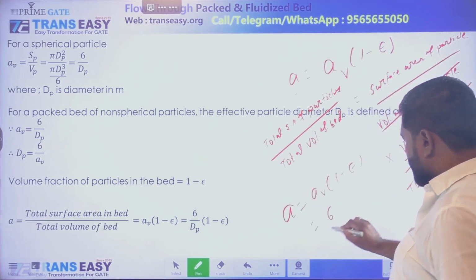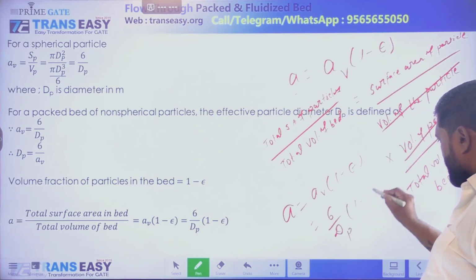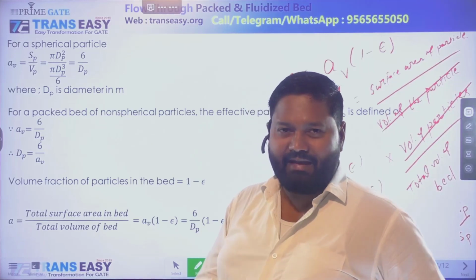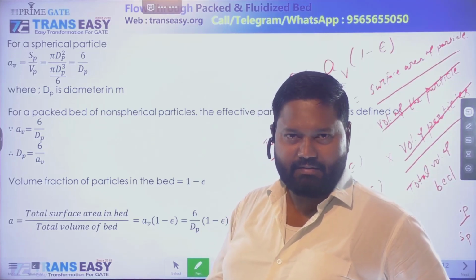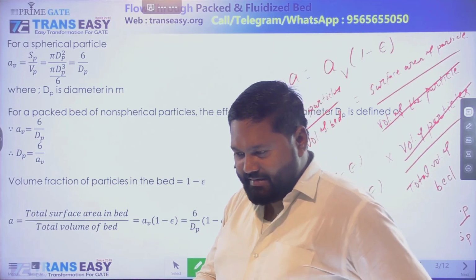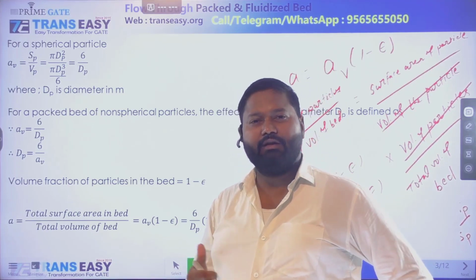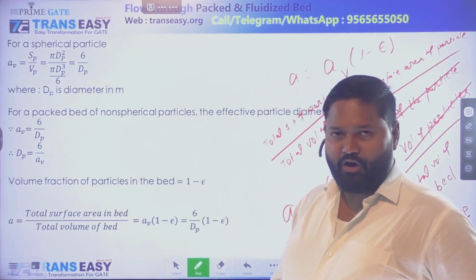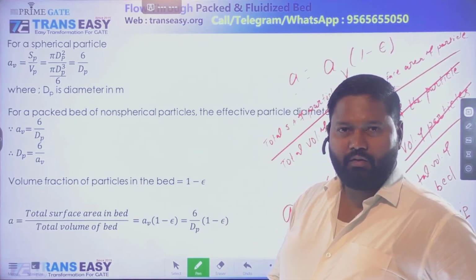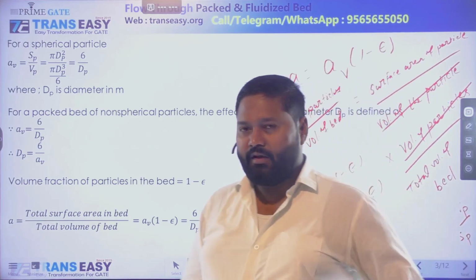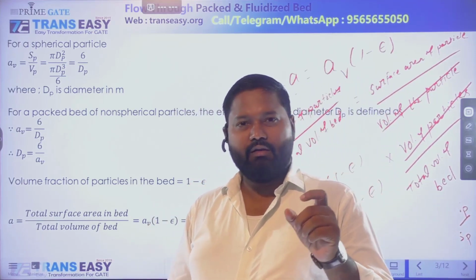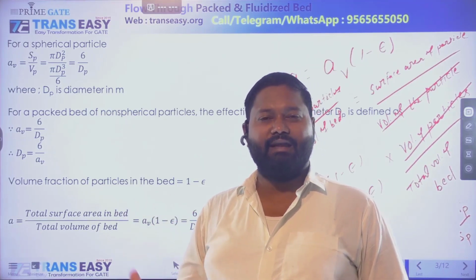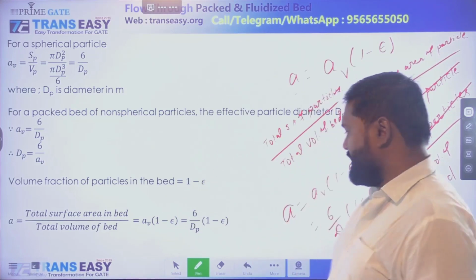And AV is 6 upon dp, where dp is the direct diameter of spherical particles. And if particles are not spherical, that is for non-spherical or irregular shaped particles, how to find dp we know: after equating AV for the actual non-spherical particle and its equivalent spherical particle.